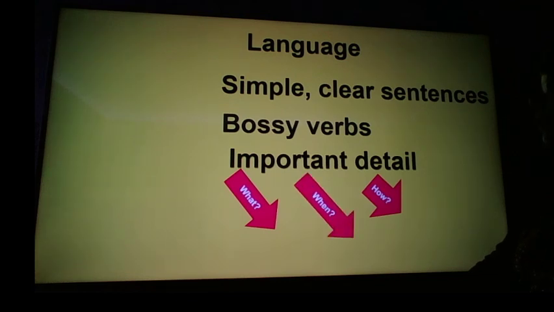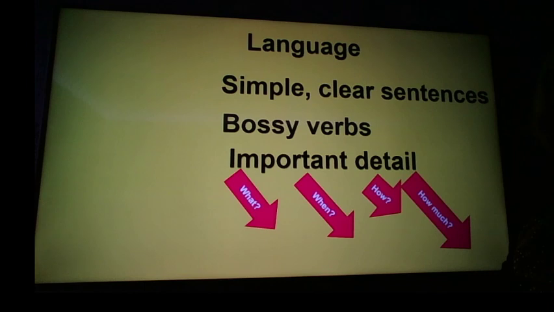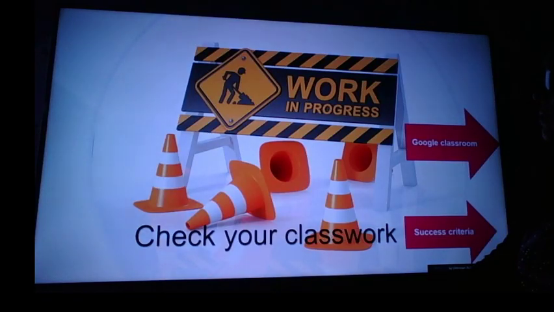So you're talking about when to add ingredients and how much. If you use measures like a pint or a litre, that's fine. If you do it by teaspoon and tablespoon, that's also fine. So that's the language that you're looking at for your recipe writing.